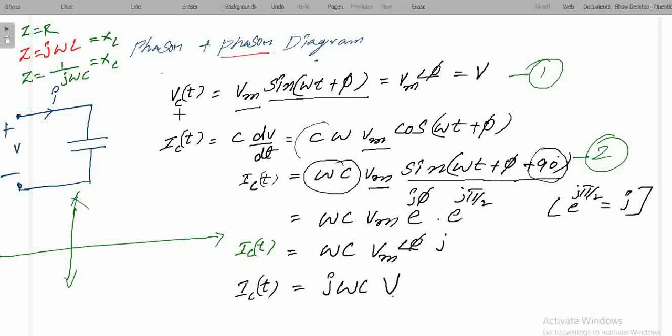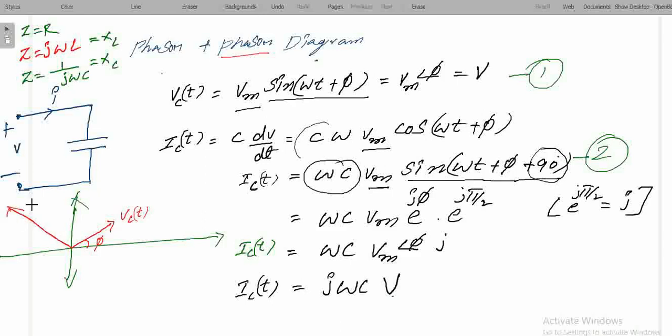So let us draw for Vm. For Vc of t, it is making an angle of phi. And for Ic of t it is having a length more as compared to this one.